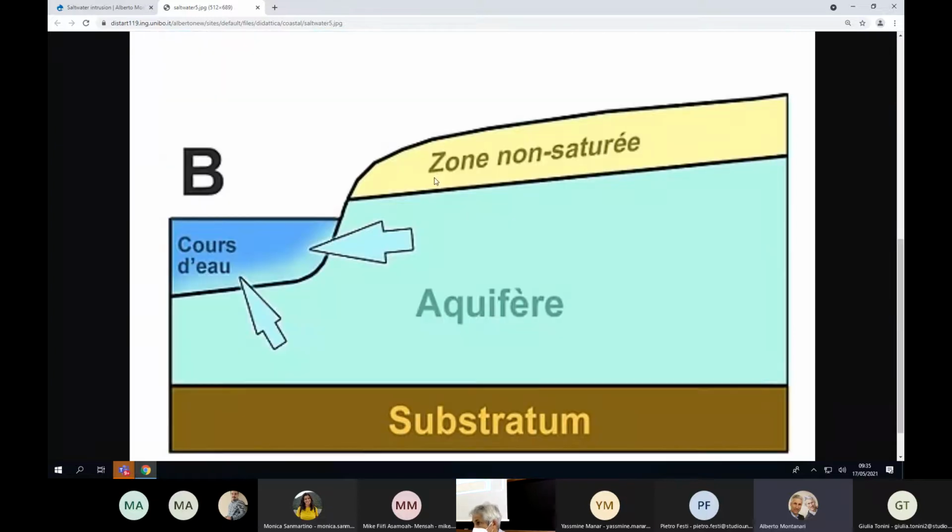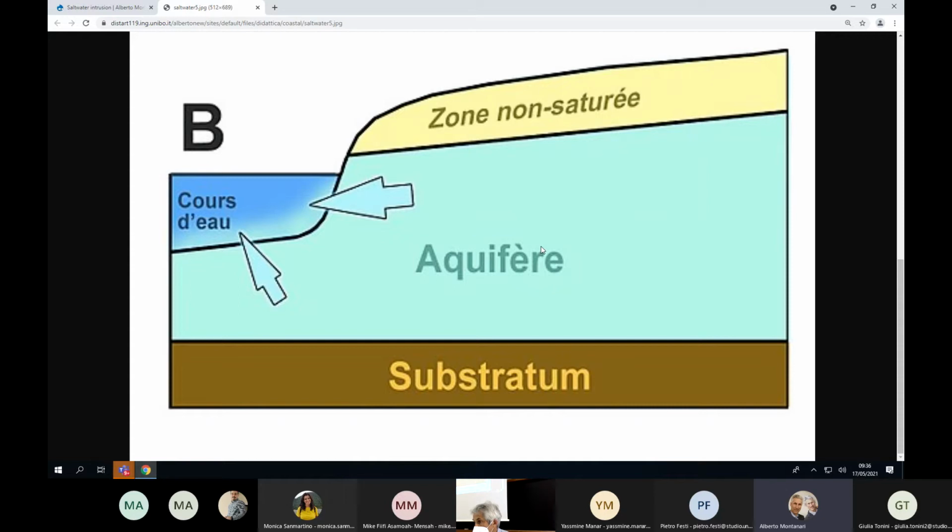But I can also have a level of water in the land which is higher than the level of water in the sea, and therefore I have a flow of water from the land to the sea, but I'm not considering these changes. I refer to a static condition. So I'm not referring to a real situation where it may happen that I have a two-directional flow. I refer to a unique static condition.